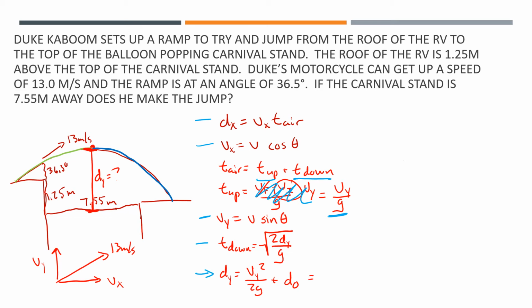So we would have vy squared. Well, we need vy. So vy is v sine theta. So let's go here first. This is 13 sine 36.5 degrees. If we plug that into our calculator, we find out that the vertical component of the velocity is 7.74 meters per second.